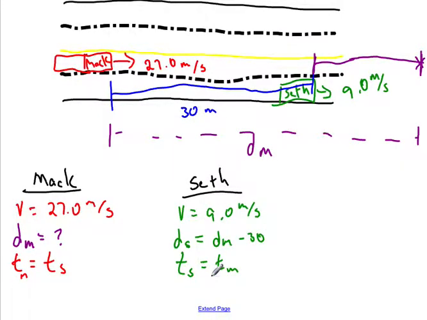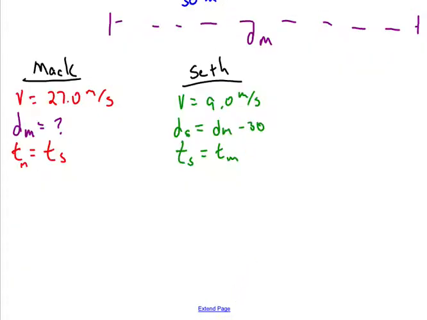Okay, so I'm going to come up with two equations now. For Mac, I can say that 27 meters per second will equal his distance divided by the time of Mac. For Seth, I can say 9 meters per second will equal the distance of Seth divided by the time of Seth, which is the same as the time of Mac.